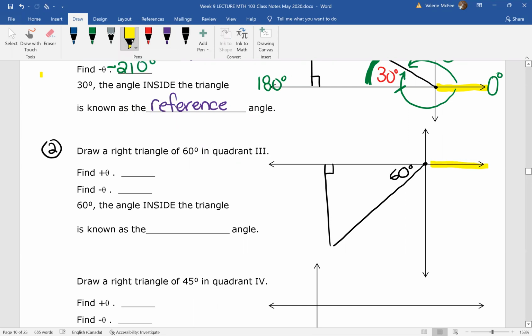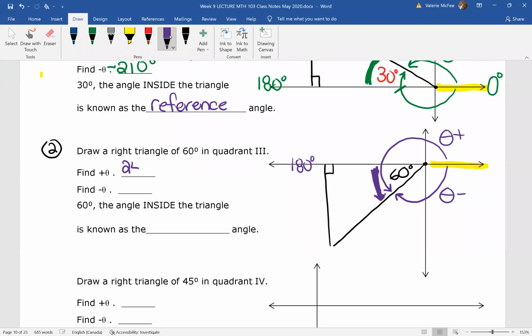Starting on the initial side in a positive direction, we see our positive theta, and in a negative direction, our negative theta. So what is our value for positive theta? We see that to the x-axis is 180 degrees, but then we've gone 60 degrees further. This is 180 plus 60, or 240 degrees in a positive direction.